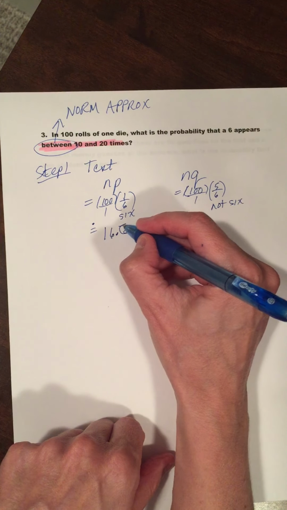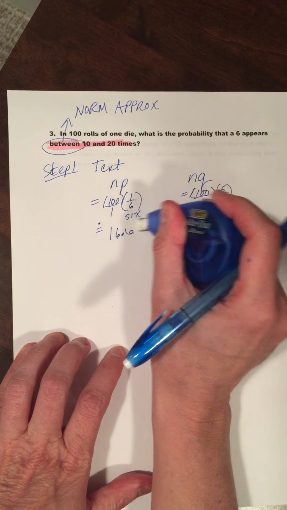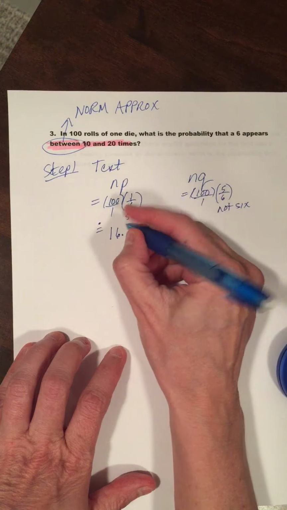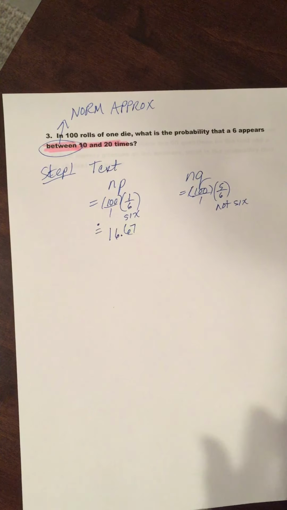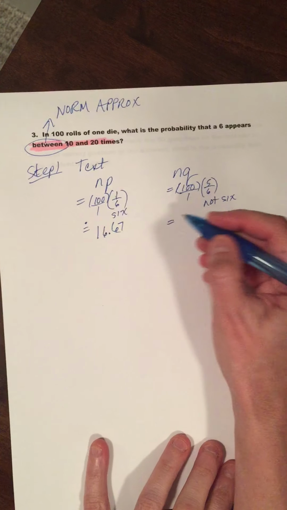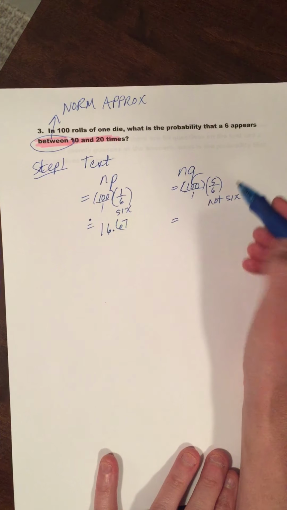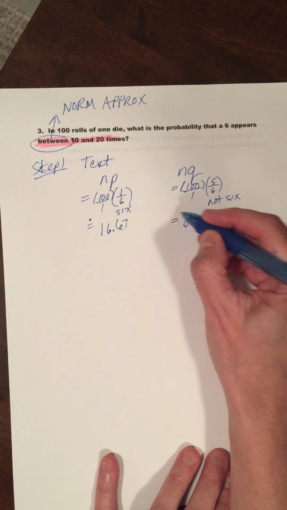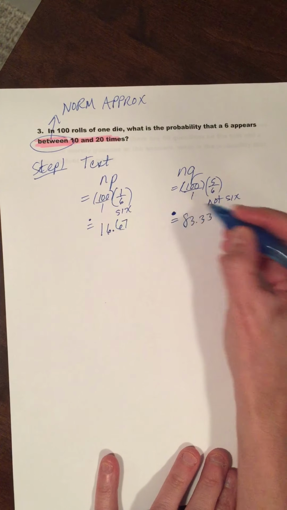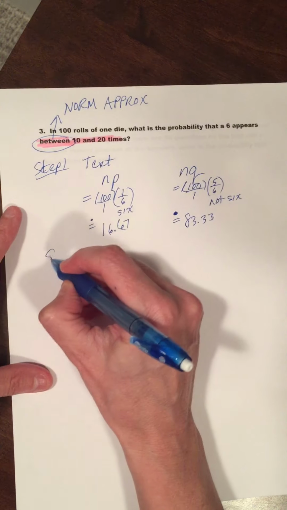Why don't we keep it to 2 decimal places, and call it 16.67? Your n times your probability of failure, 5 over 6, is 83.33. Both are greater than 5, we pass the test.